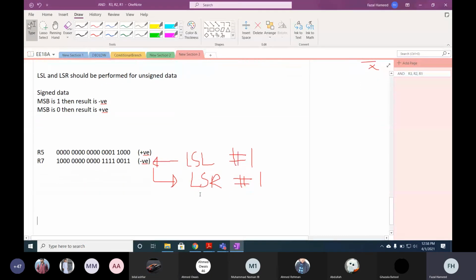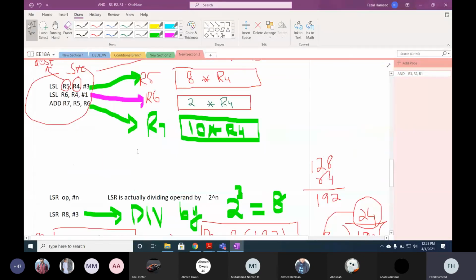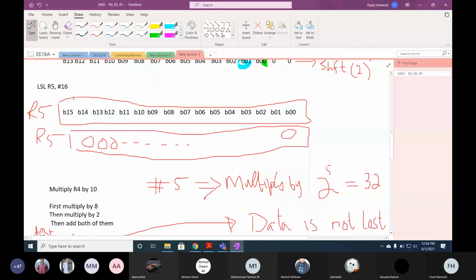So in ASR, now let's assume we do ASR R7 with hash of 2. So what does it perform? Now I'm writing this in a different representation, not in 1 and 0 representation.